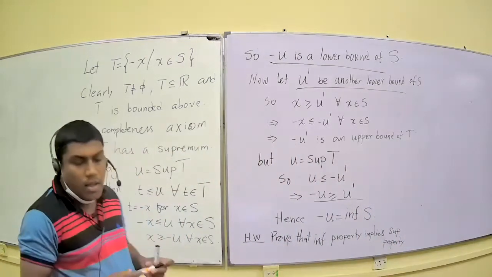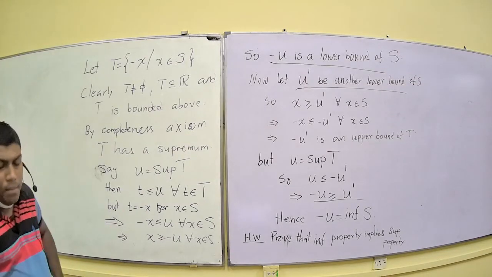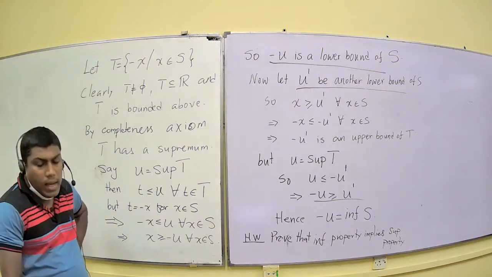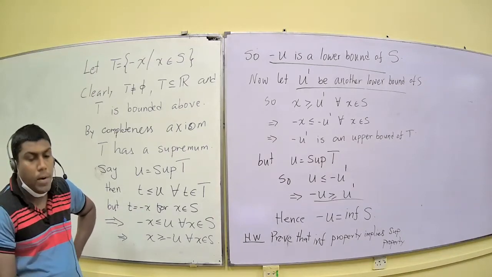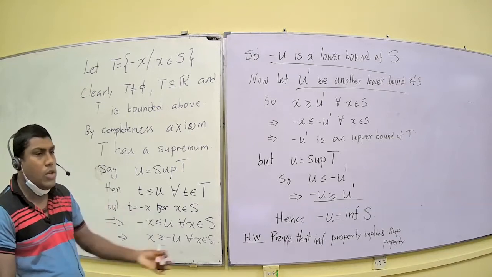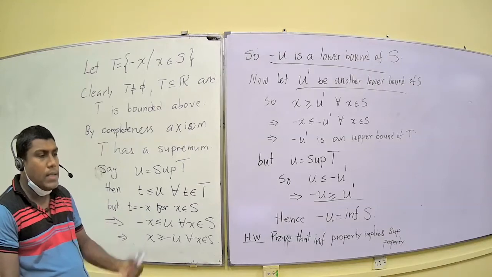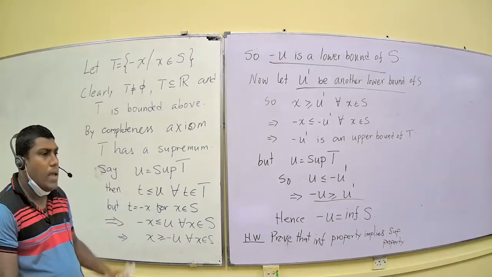Right, so as a homework, what you can do is assume that the infimum property is your axiom. And then by using the infimum property, try to prove that the supremum property is true. So here you are going to assume that every non-empty subset of real numbers that is bounded below has an infimum.